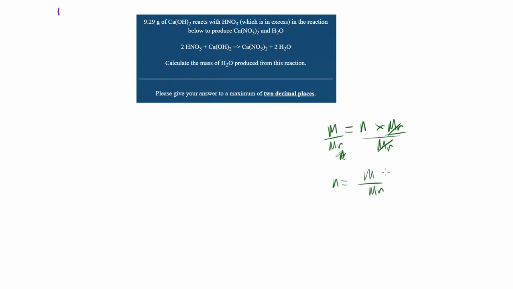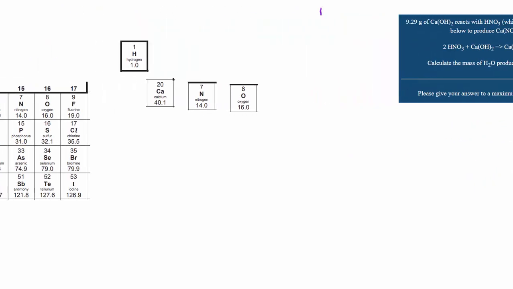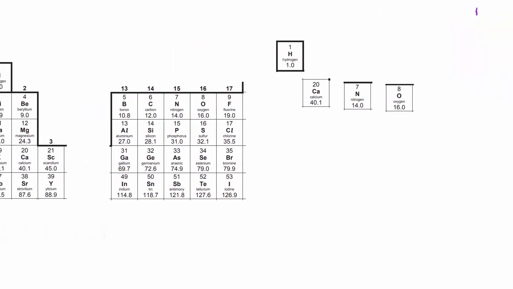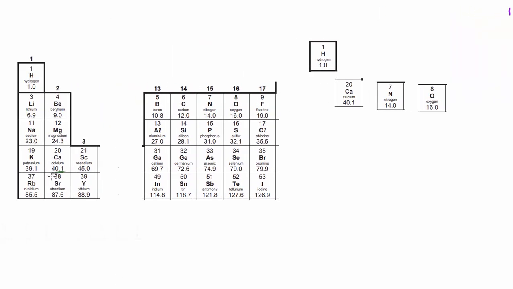But this is what we need to work out right now, the molar mass. So we're going to refer to the periodic table to do that. So for CaOH2, we've got Ca, we've got it here 40.1, OH, so 16.1, right?